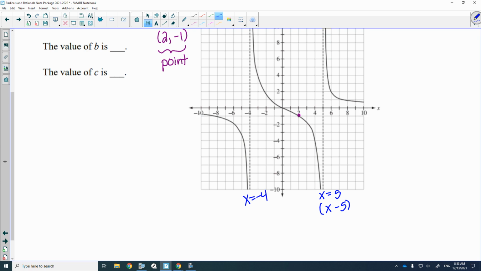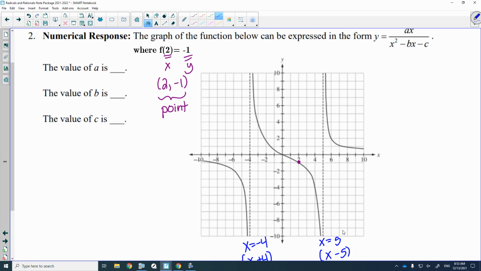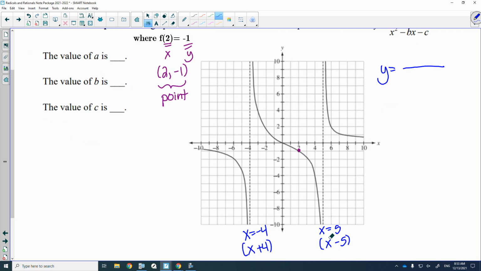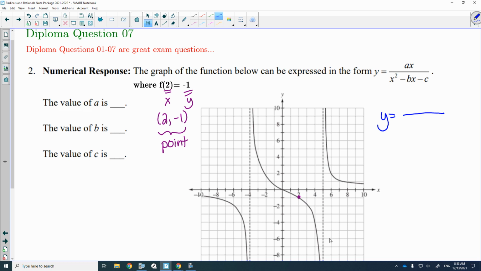What's the factor that gives you -4? X plus 4. So I know in my equation that if those are VAs, they are in my denominator and they're not going to be common, right? Because common would be a hole. So I'm going to put x plus 4 and x minus 5.